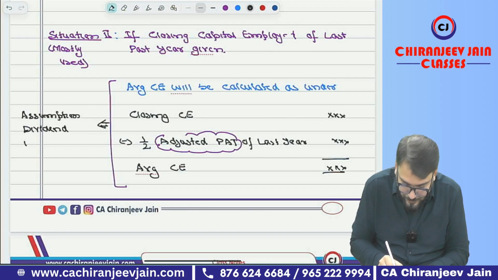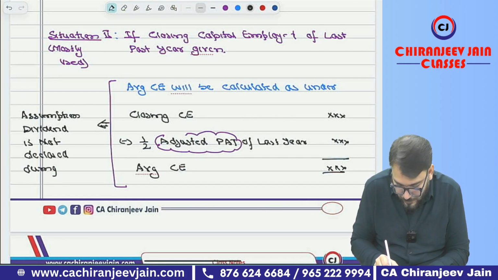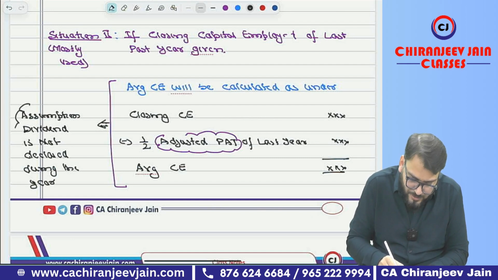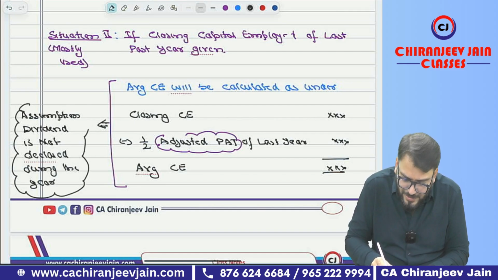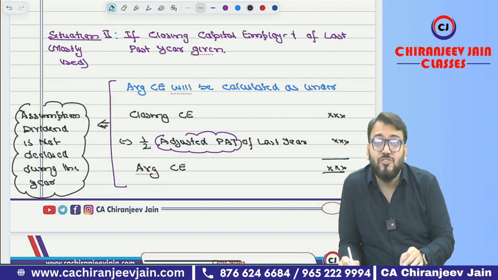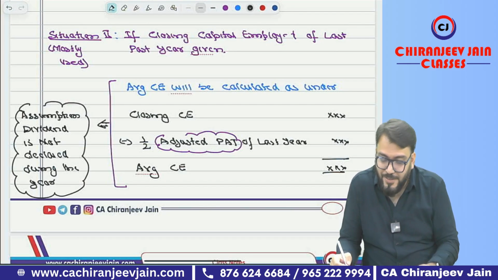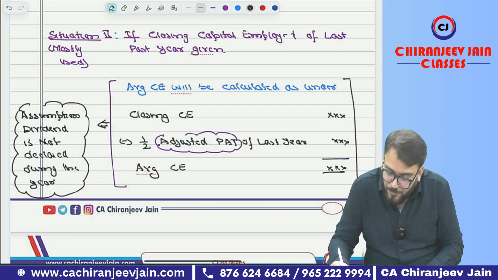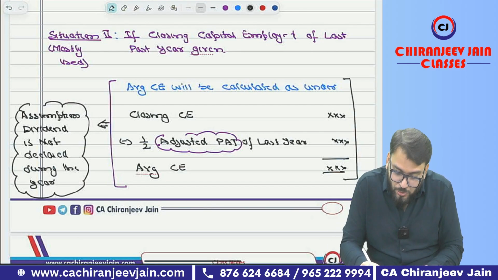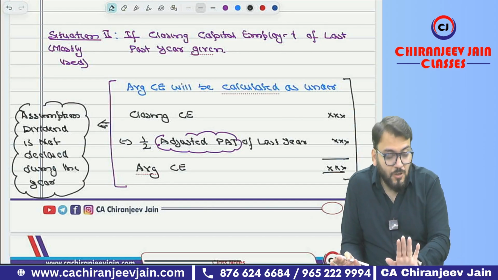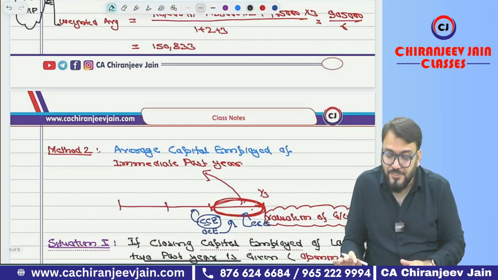Normally in exams they don't ask any question about dividend paid, so we'll ignore that and go as per the examination point of view. But I hope you are understanding this formula now. Got this point? This was about average capital employed.